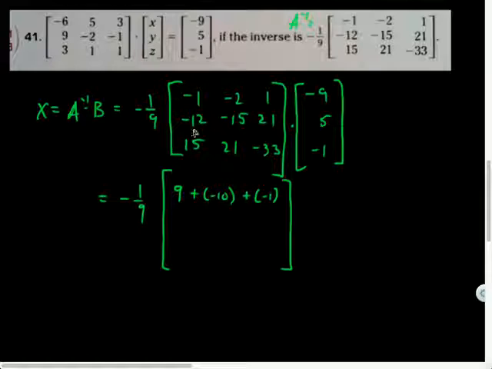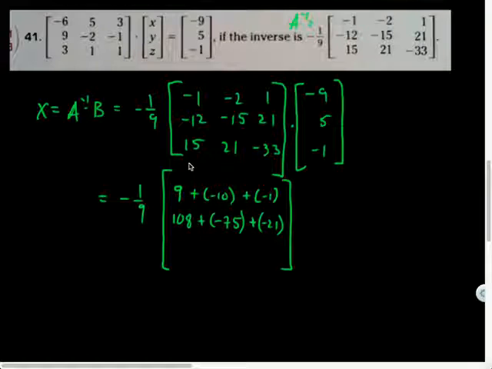I'll have 12 times 9, 108 positive, plus negative 15 times 5, negative 75. Oh man, let's see how my arithmetic does here. Plus negative 21, right there.